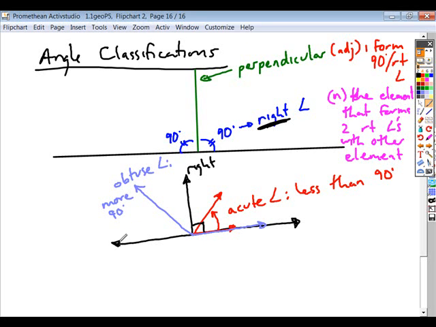An obtuse angle has to fall within 90 to 180 degrees. This full rotation from here to here is referred to as a straight angle. A straight angle is simply an angle that's formed by two rays that share a common endpoint and together form a straight line, or can be superimposed on a straight line.